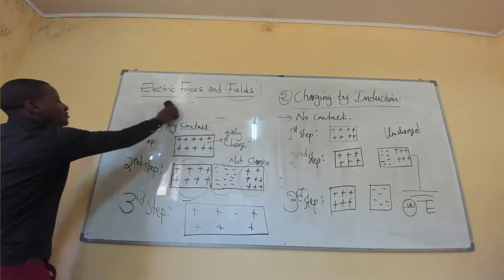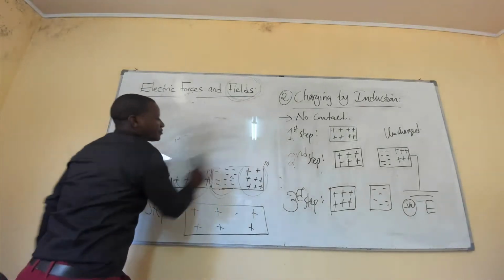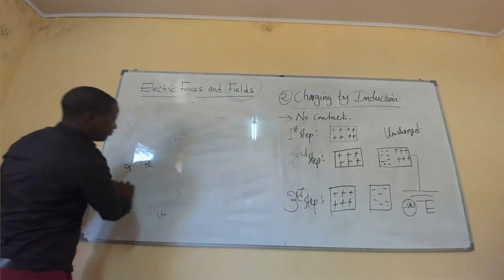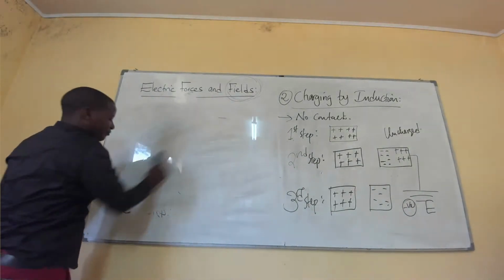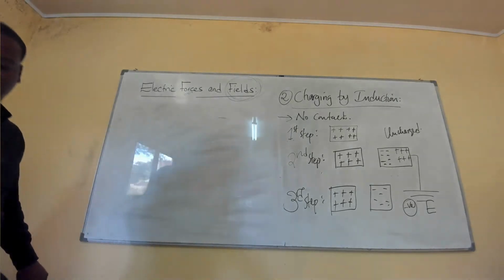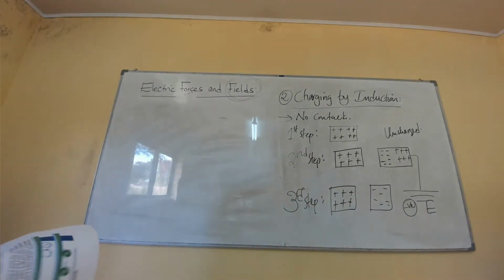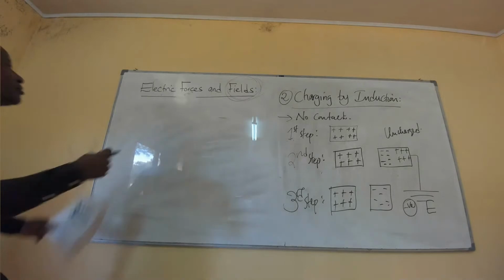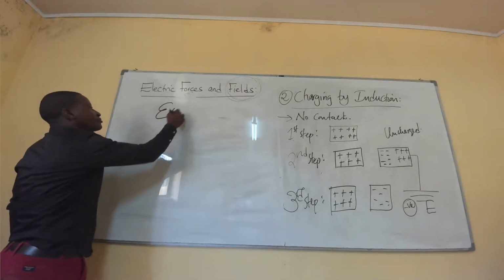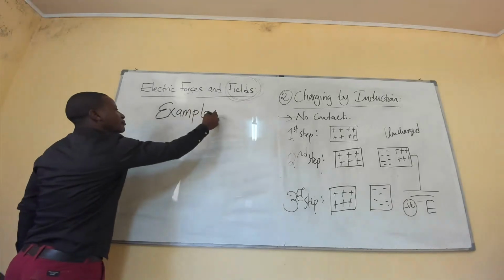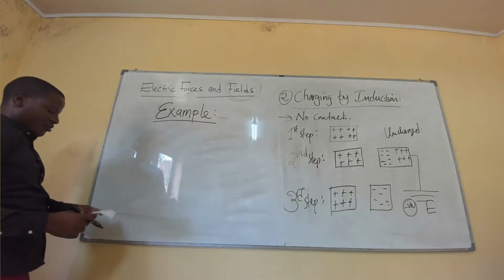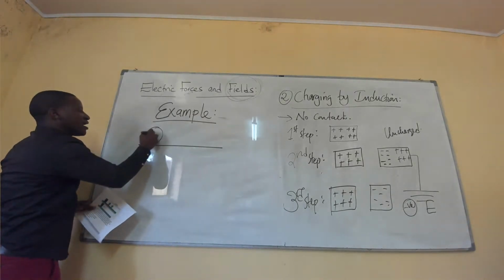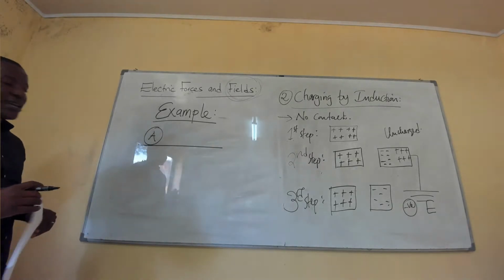So this is an example that we have been given. So we have, this is A in your notes, if you're able to check that.